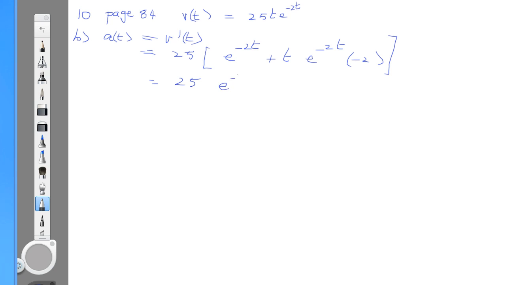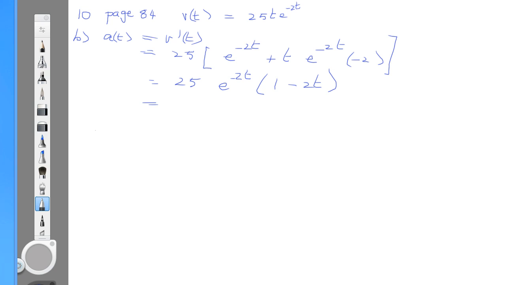e to the minus 2t is actually a common factor, so let's put that out the front, 25 e to the minus 2t, so there's one lot of e to the minus 2t, and there's minus 2t lots of e to the minus 2t.